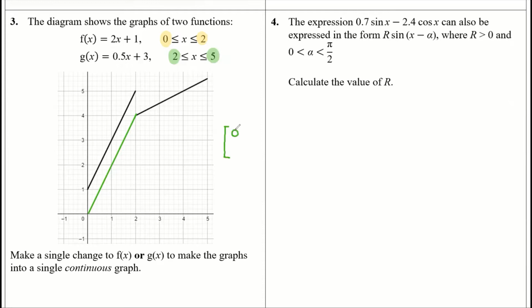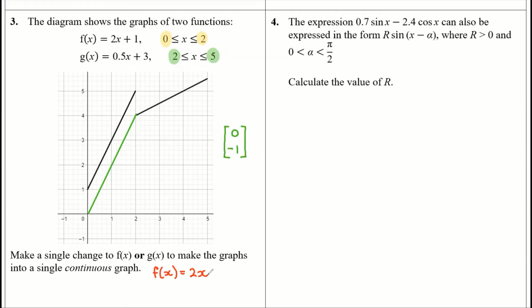Obviously it's not going to move in the x direction at all, and then minus 1 in the y direction, which basically just removes 1 from the function. So for f of x, this is one possible idea. You could change f of x by changing the value of c, essentially. So if you just had f of x equals 2x and dropped the plus 1, that would work.